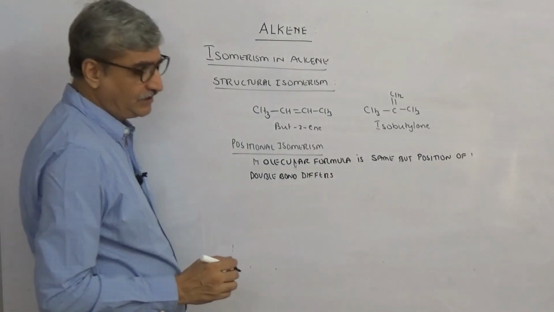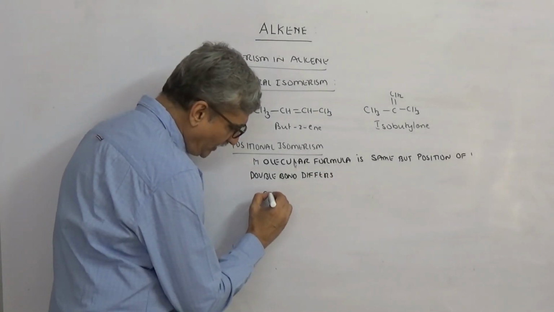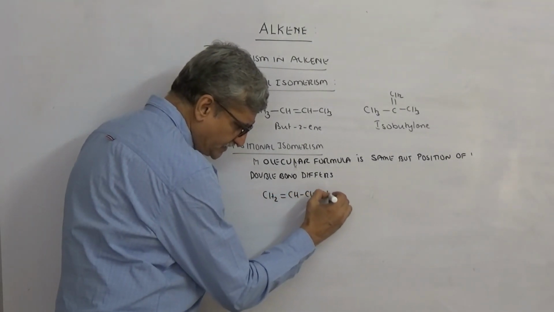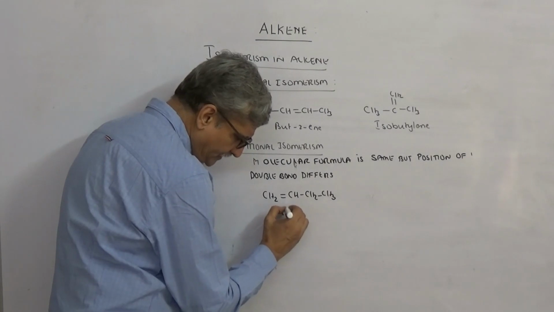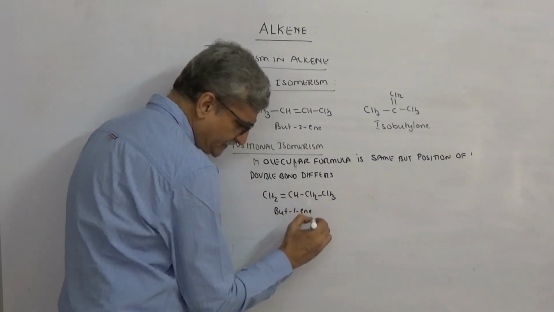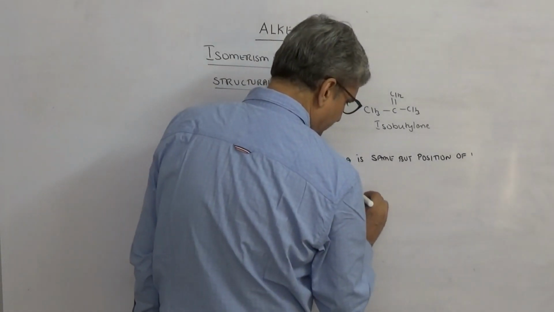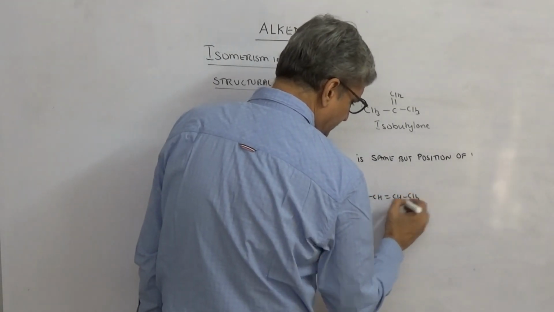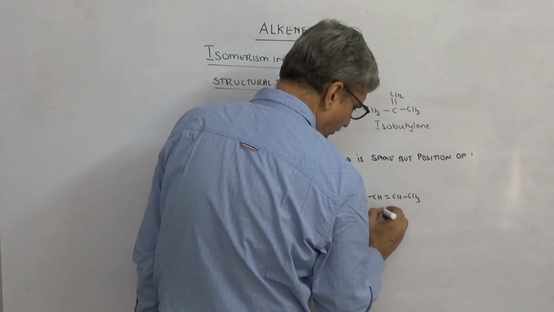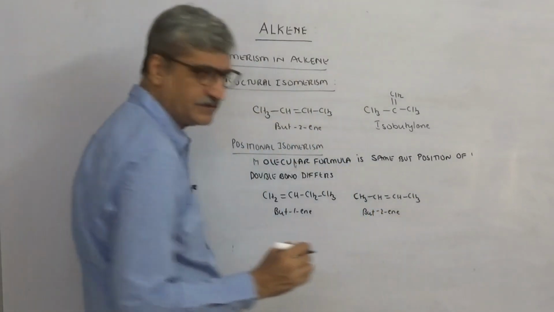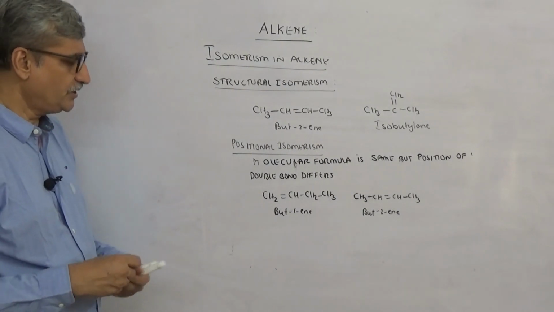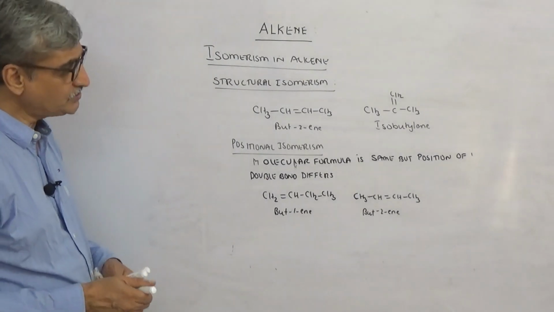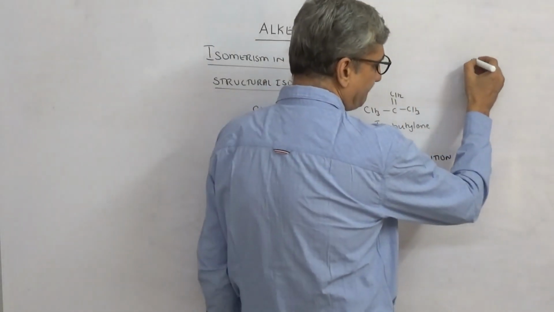The best example of this is you have CH2 double bond CH, CH2 CH3. This is but-1-ene, and you have CH3 CH double bond CH, CH3. This is but-2-ene. So you have but-1-ene and but-2-ene. It is clear.